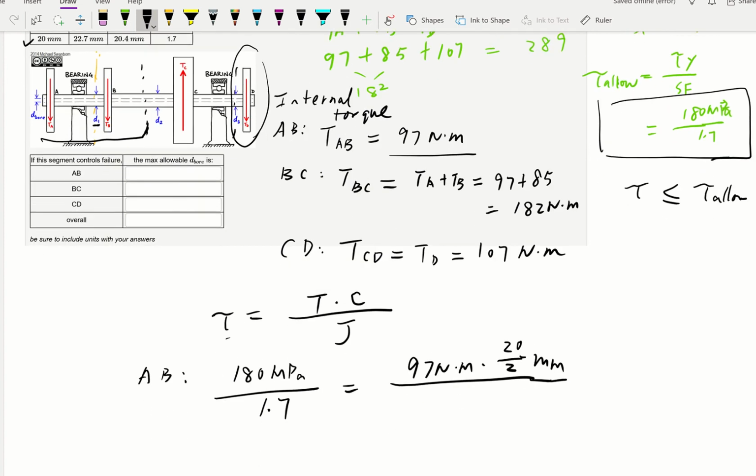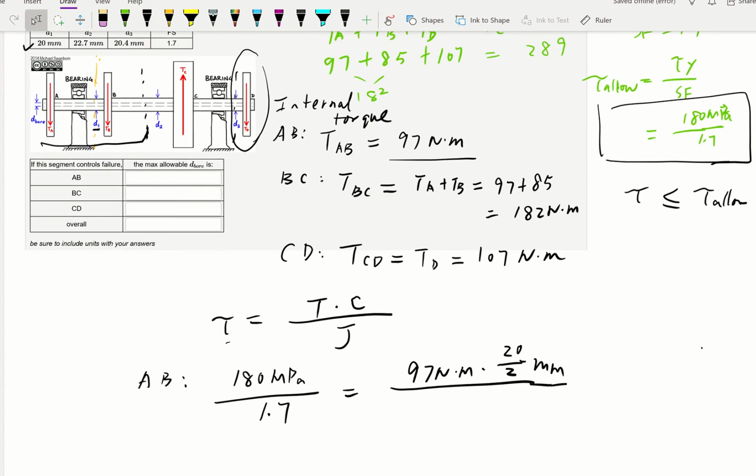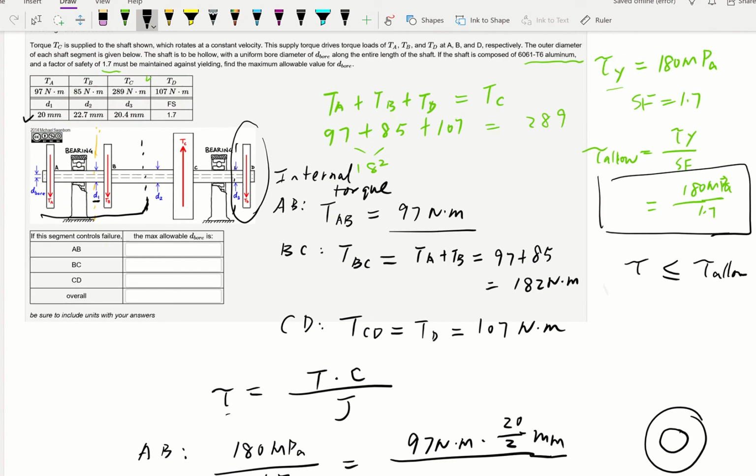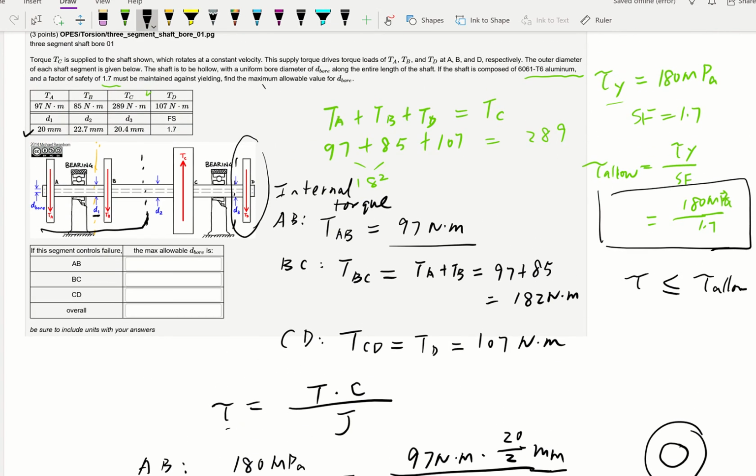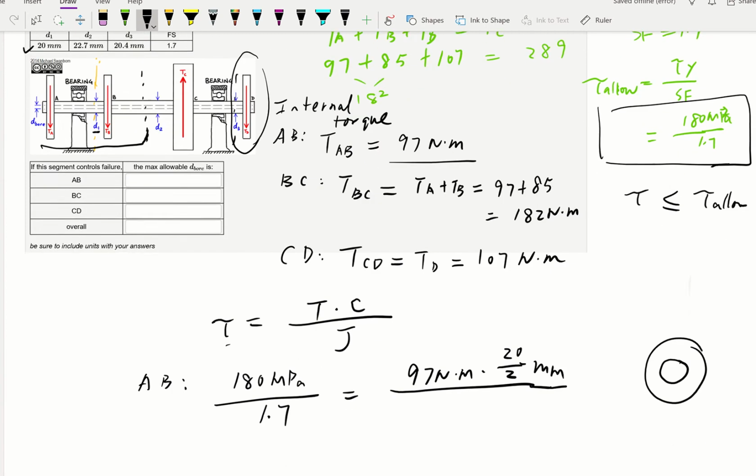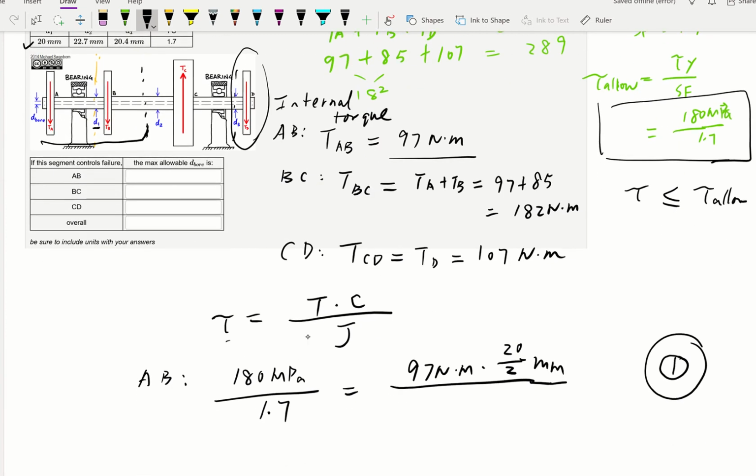Then J, well, this is hollow because there's an inner diameter. They ask what's going to be the maximum allowable value for the diameter of the bore. So that's going to be basically your inner diameter, that's what we are solving for here, D bore.